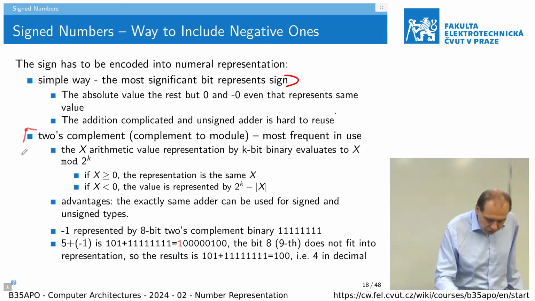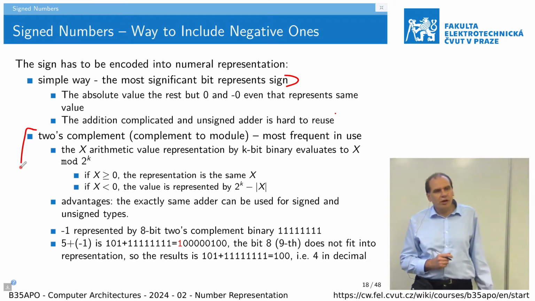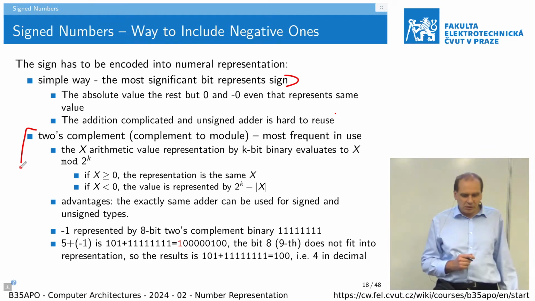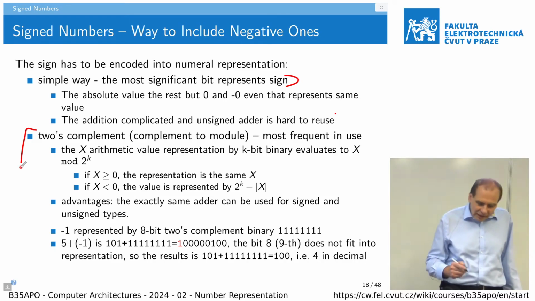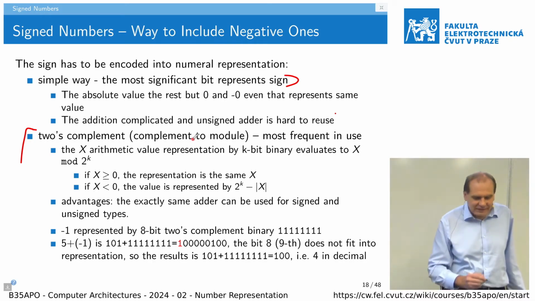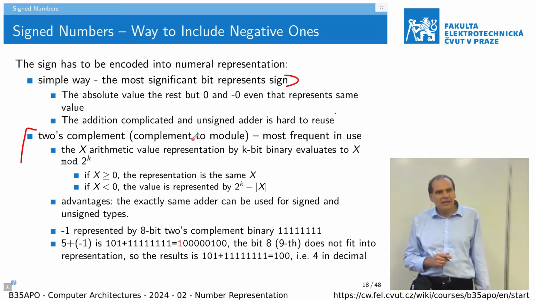The most common solution to store signed data in the computer is the second complement. In fact, I would not say that it is second complement. I would say that it is a complement to a module.